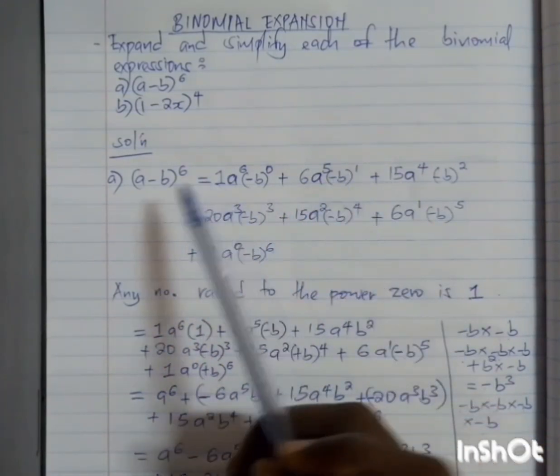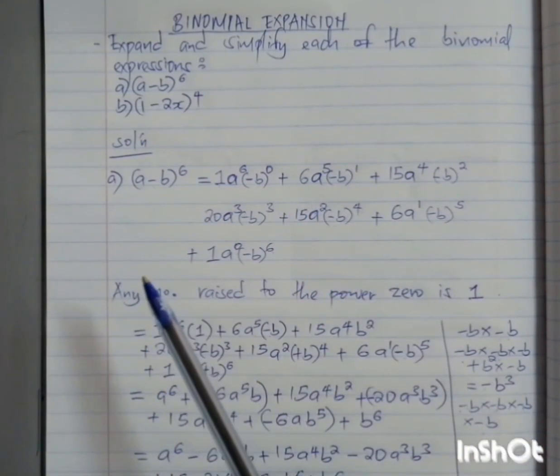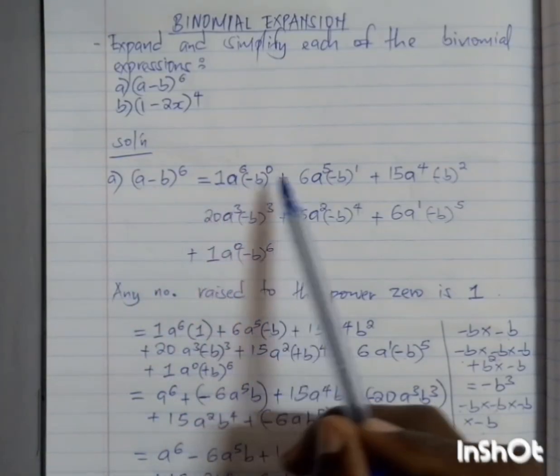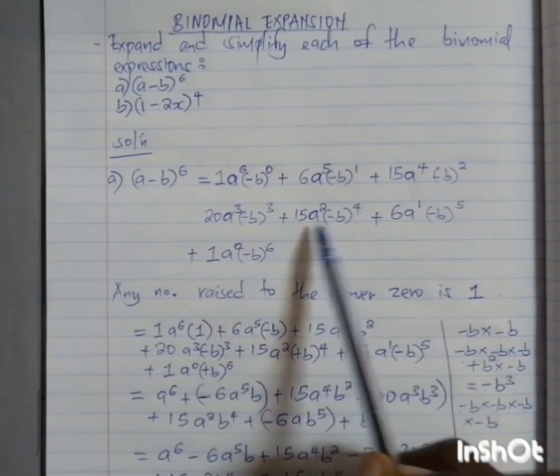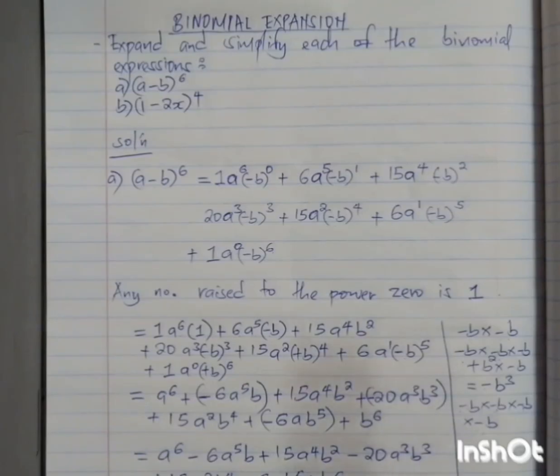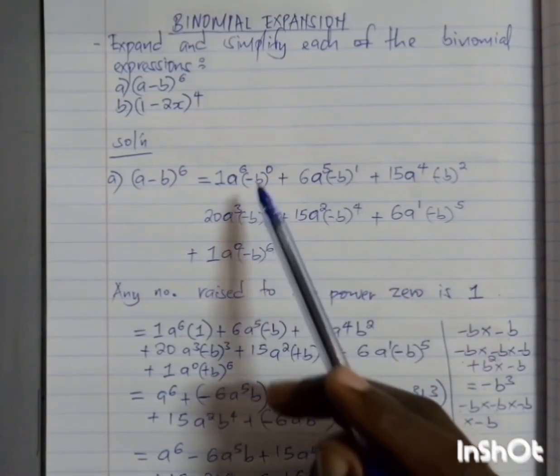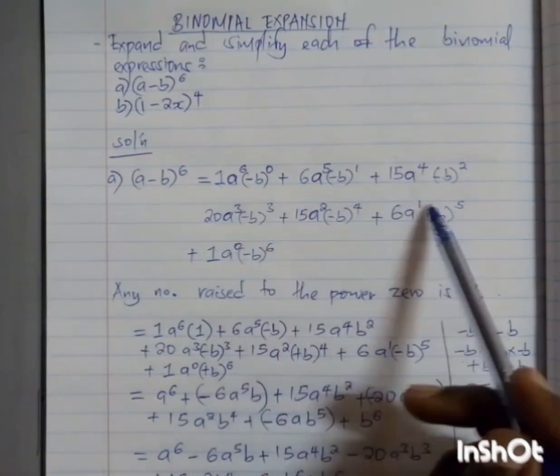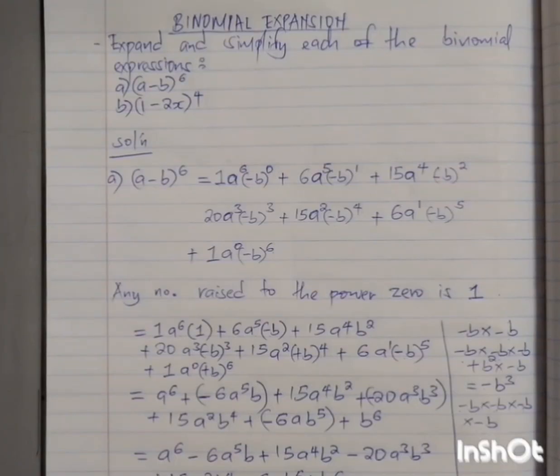And then you write the coefficients from Pascal's triangle. You had 1, 6, 15, 20, 15, 6, 1. And then you add all of them, and then you simplify. You get your final answer.